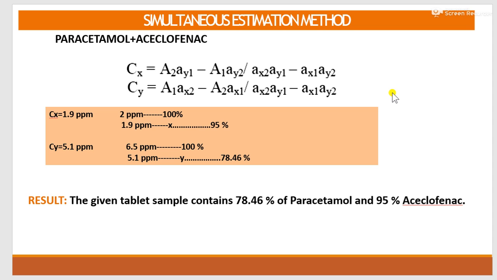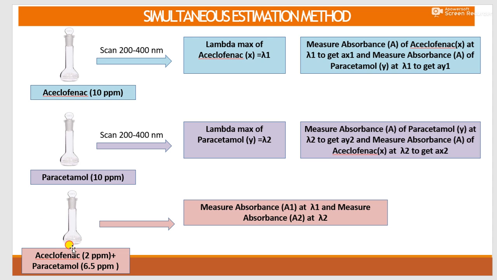So you have to again convert it into ppm, because our theoretical value is in ppm. So what is our theoretical value? Cx, that is aceclofenac, was 2 ppm and Cy, that is paracetamol, was 6.5 ppm. These are the theoretical values in our sample solution.